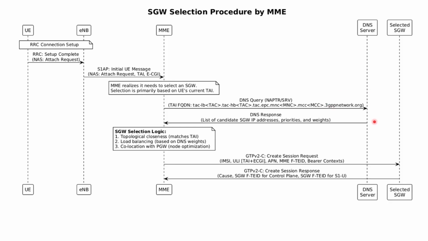The DNS server will send the DNS response with the list of S-gateway IP addresses and their priority, and it could also add the weight as well.